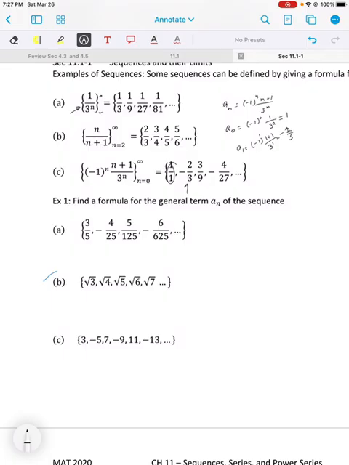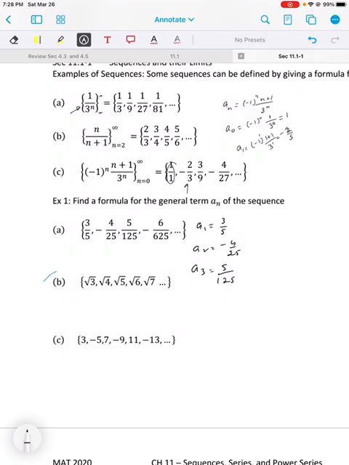You have to basically observe and then figure out what a sub n is. So in this case, for example, you can see that a1 is 3 over 5, a2 is minus 4 over 25, and a3 is 5 over 125, and so on.